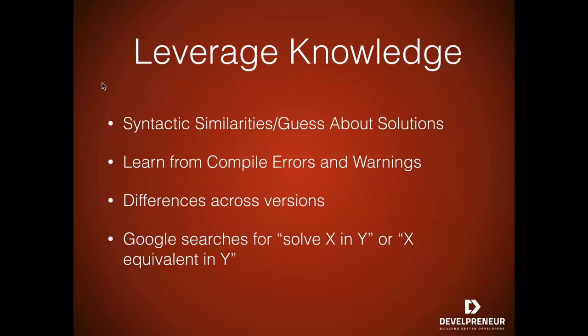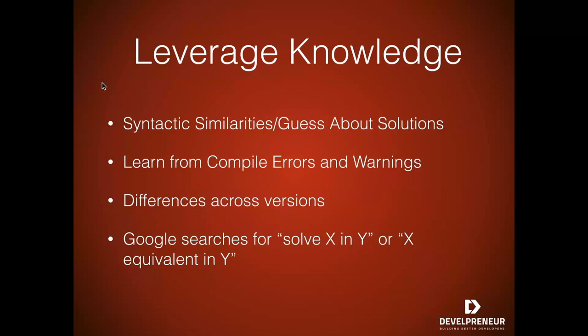Differences across versions: depending on how long you've been in the language or two, you've probably at least seen multiple iterations of versions of that language. So you at least have some concept of how languages tend to evolve and how things work, and so you'll be able to understand that with the given language you're in.